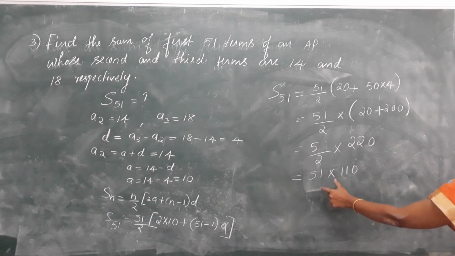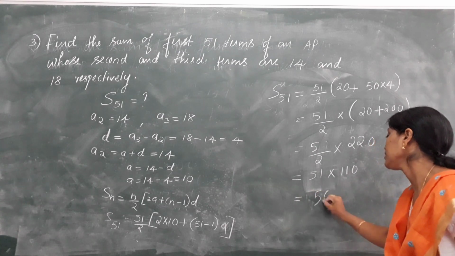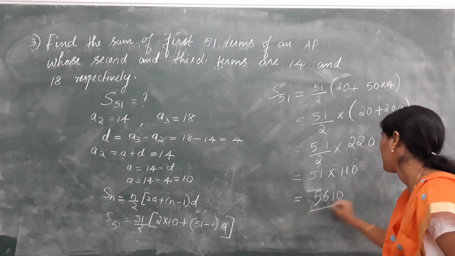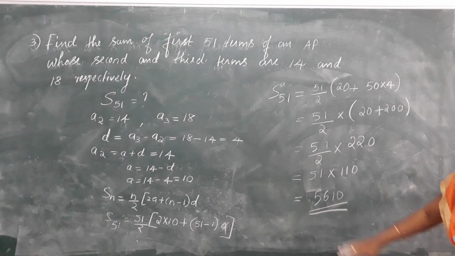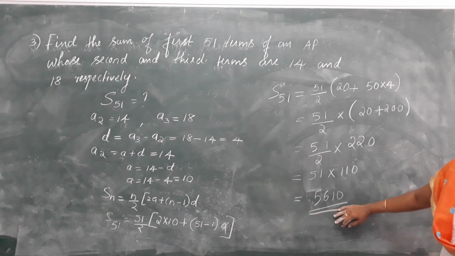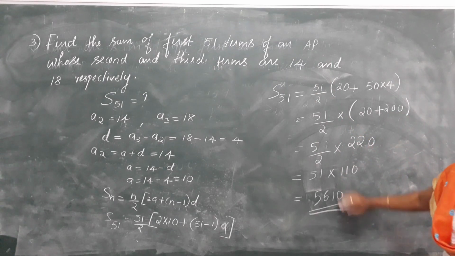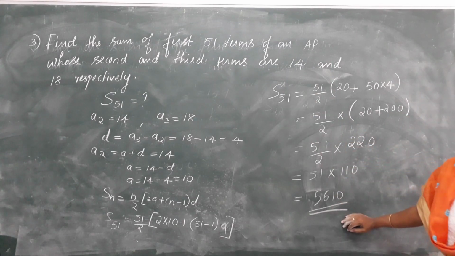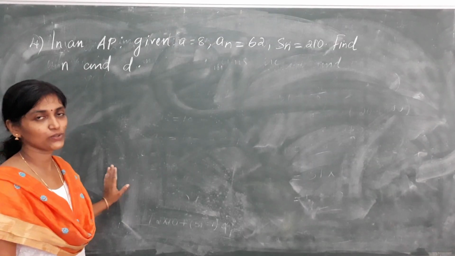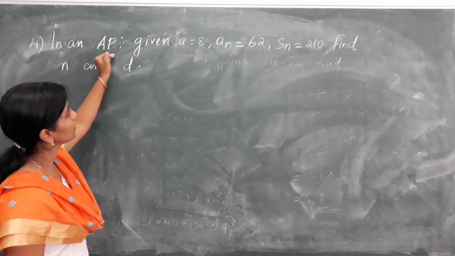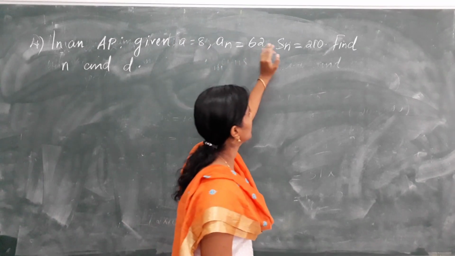So 51 into 110 is equal to 5610. So S51 is equal to 5610. The sum of the first 51 terms of an AP is 5610.